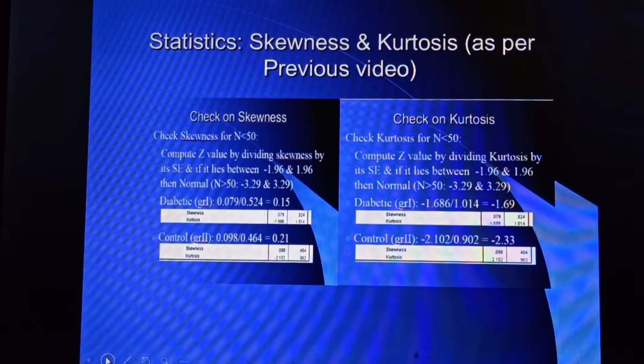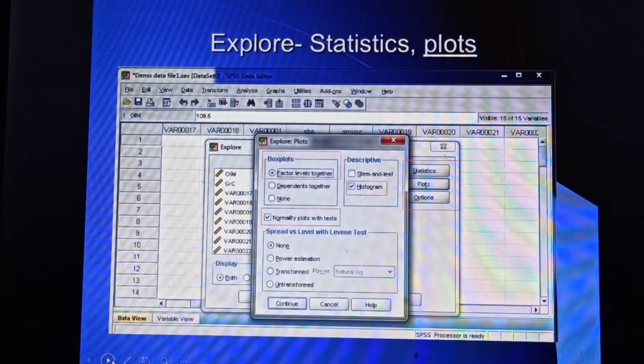Regarding skewness and kurtosis, we have already discussed in the previous video. Only in the case of kurtosis, group 2 is slightly deviant. Now with the explore, after having done statistics, we go for plots.